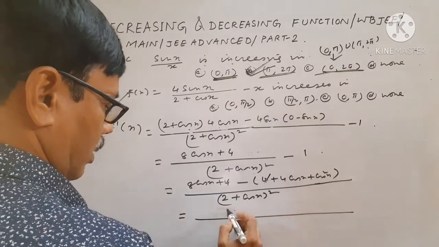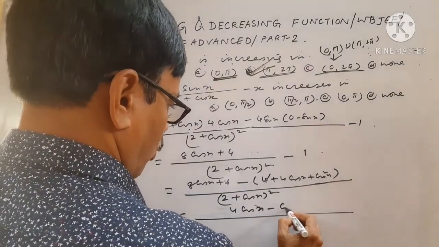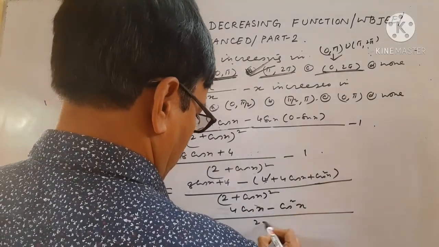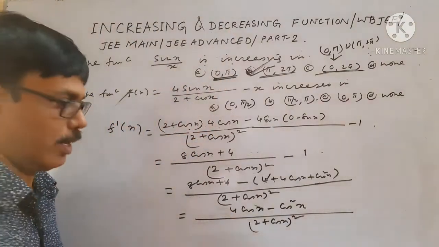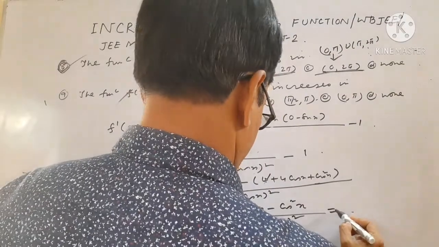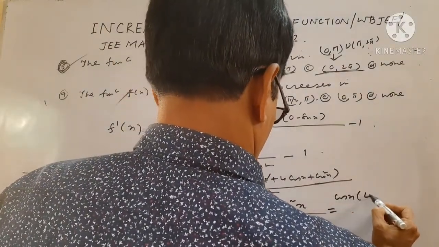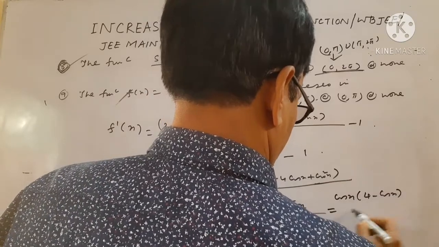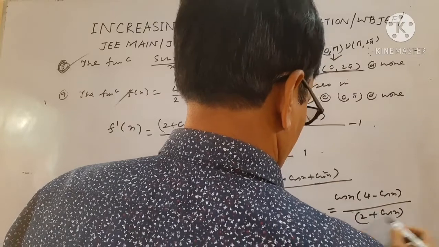So 4 cos x minus cos square x by 2 plus cos x whole square. Now it is cos x common, 4 minus cos x by 2 plus cos x whole square.